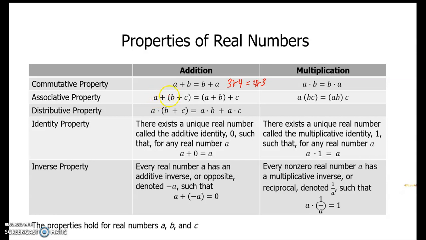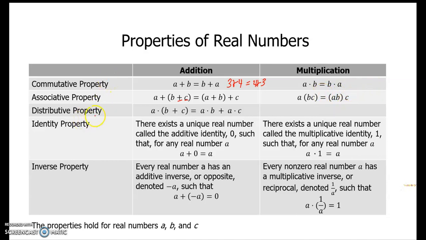So, A plus the sum of B plus C is equals to the sum of A and B plus C. Dito naman sa multiplication, A multiplied by B times C is equals to the product of A and B times C as well.